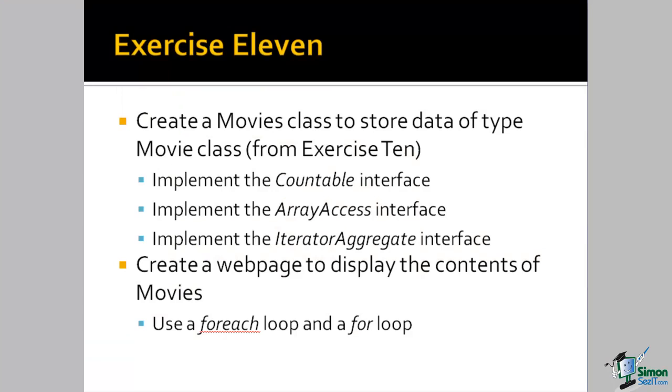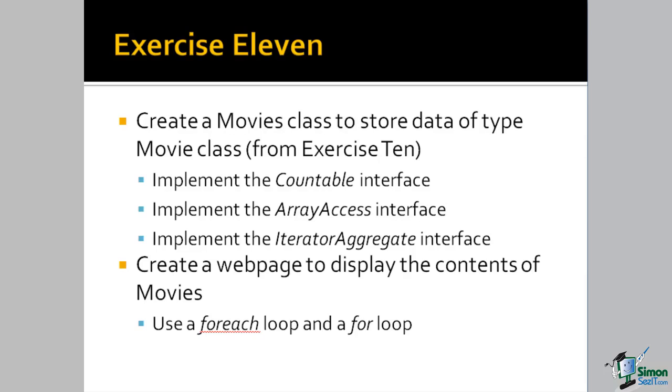So now it's your turn. Create a movies class to store data of type movie, the movie class that we created in exercise 10. The movies class should implement the Countable interface, the ArrayAccess interface, and the IteratorAggregate interface.